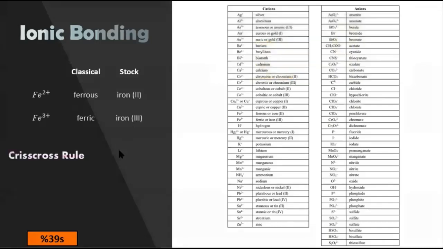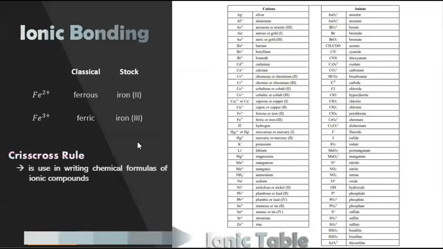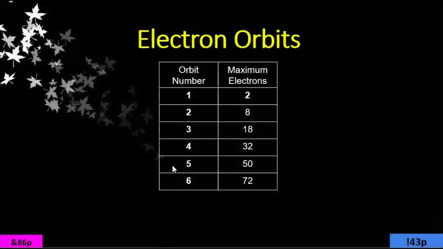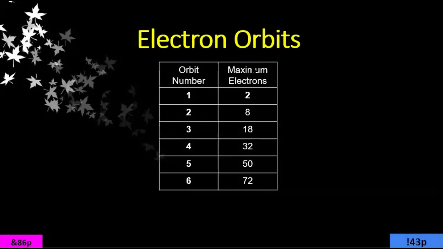For naming or writing chemical formulas of ionic compounds, we will use the crisscross rule. But before I show you the process of the crisscross rule, I will first show you a visual illustration of how a cation and an anion combine. So let's recall the maximum number of electrons per orbit or shell. For the first shell, we have a maximum of 2.